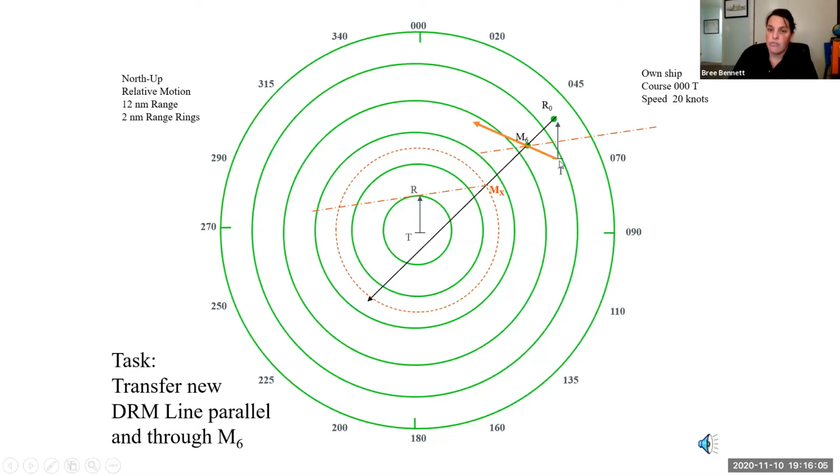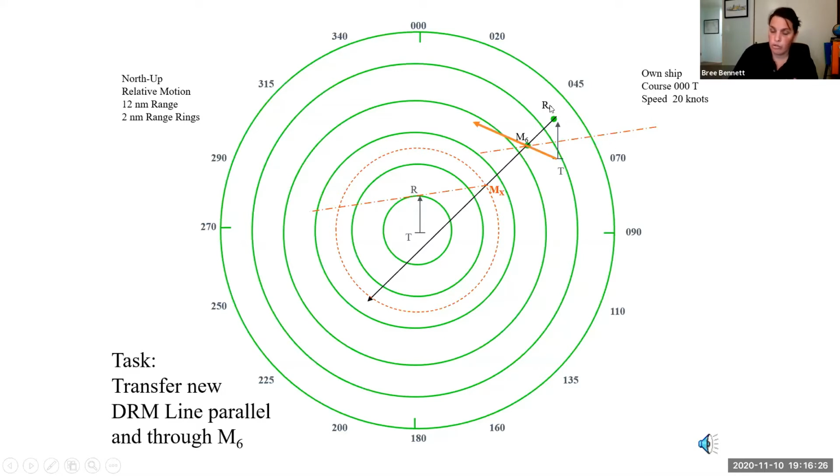So I know from my E down here, if I'm going to change course, my R has to be somewhere along my relative motion line, right? R to M, and this is my new relative motion line. So I need to put my R somewhere along this line.